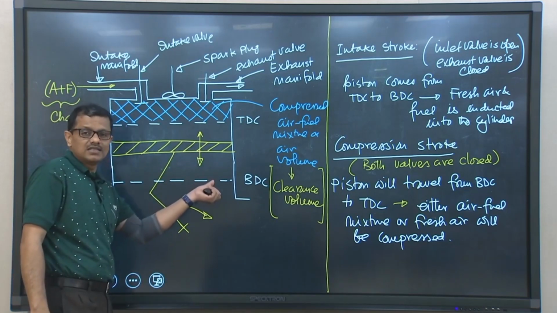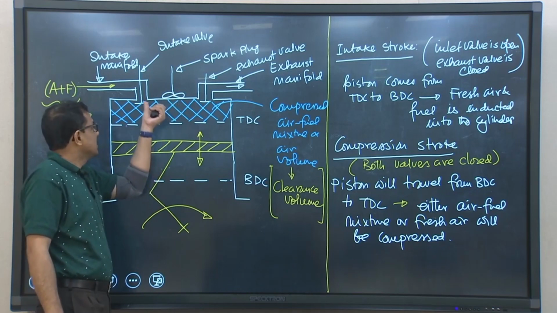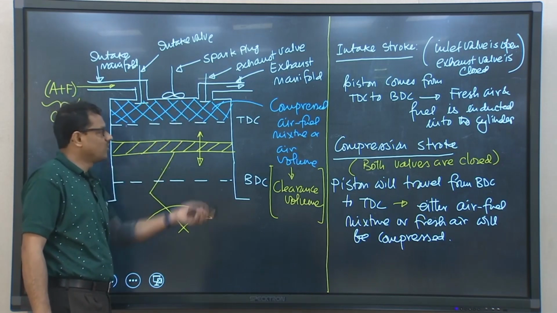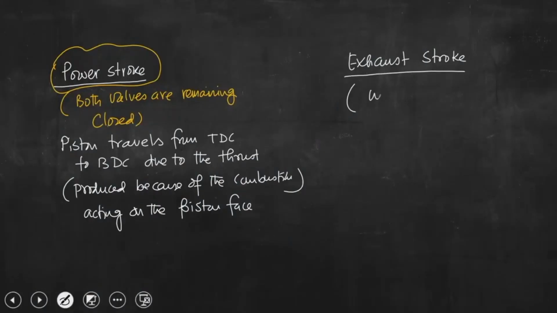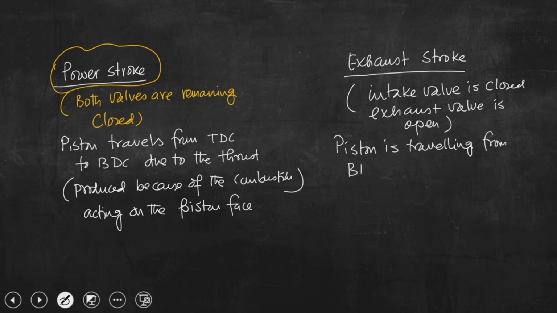So, when the piston is at BDC at the end of the power stroke, what we need to do? We need to have some arrangement so that the intake valve will remain closed, exhaust valve will open. So, let me write: intake valve is closed, exhaust valve is open, right, and the piston is travelling from BDC to TDC, right.